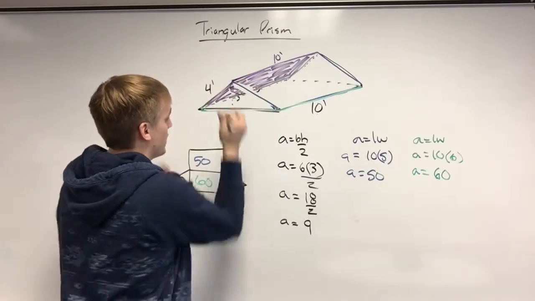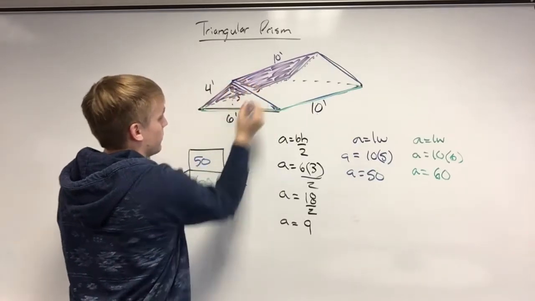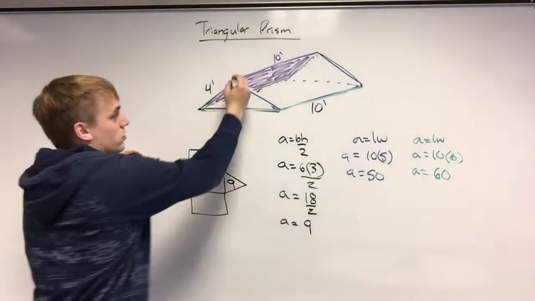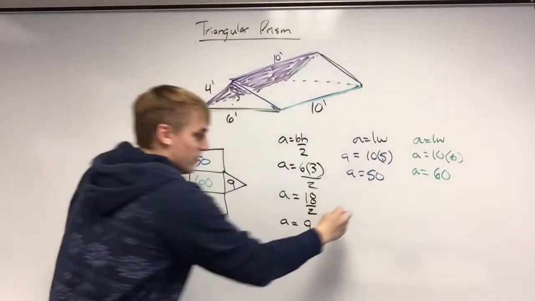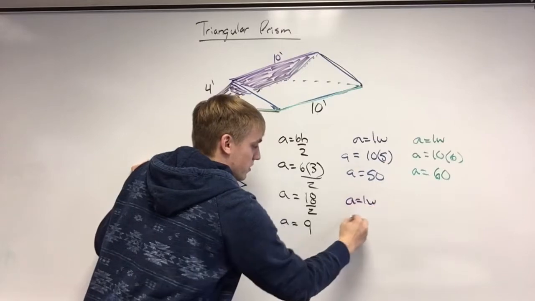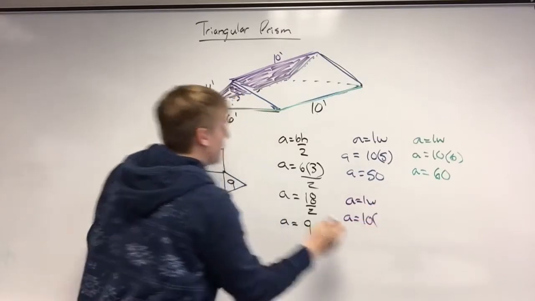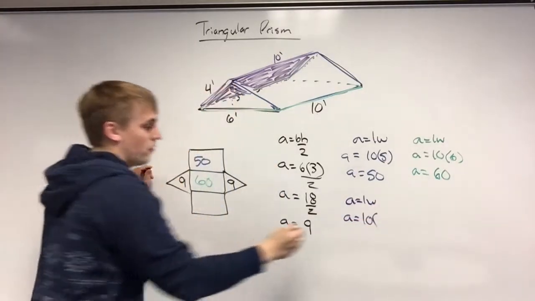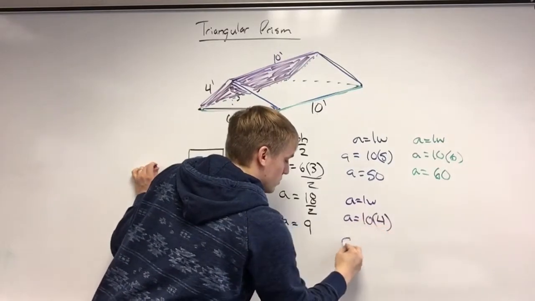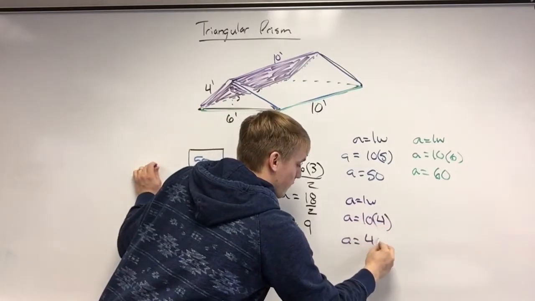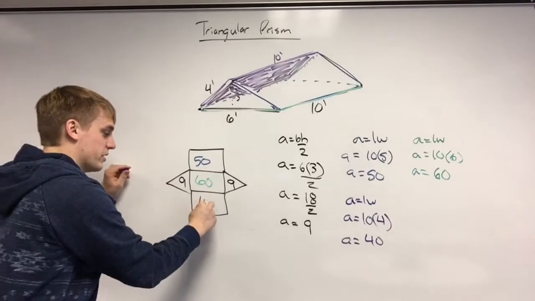But it's that back piece back there. So the length is 10, so I'm going to have another area equals length times width because it's another rectangle. Length is 10 again, and the back side is 4. So area equals 10 times 4 is 40. So our last rectangle equals 40.